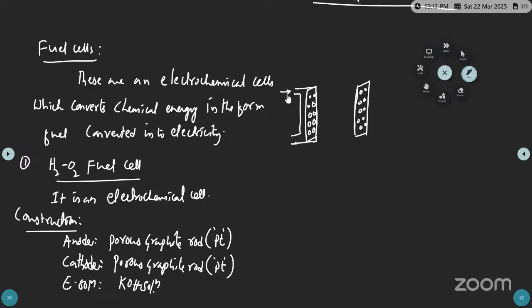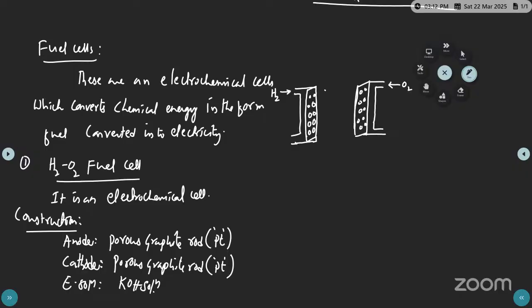So through this inlet, hydrogen gas is entered into the graphite rod, and here also it has the same facility, and through this oxygen gas is entered into this graphite rod.